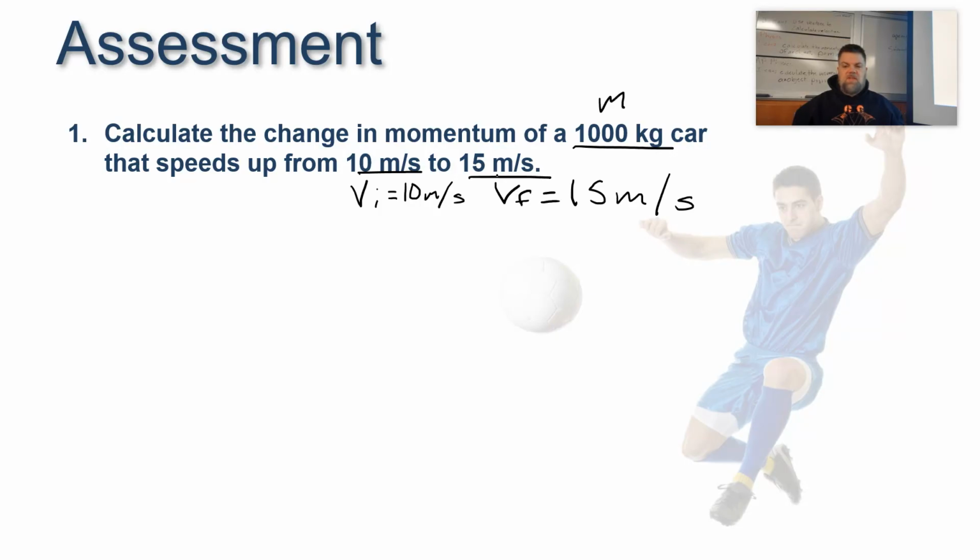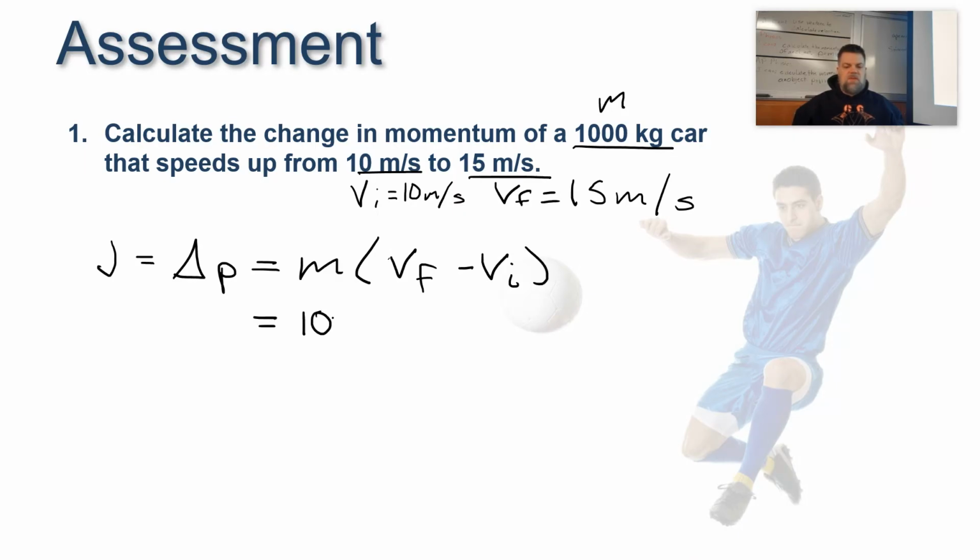And this is obviously the mass. So the impulse, which is the same as the change in momentum, is really the mass of the object, because the mass doesn't change, times the final velocity minus the initial velocity. So the mass is 1,000 kilograms. The final velocity is 15 meters per second minus the 10 meters per second.